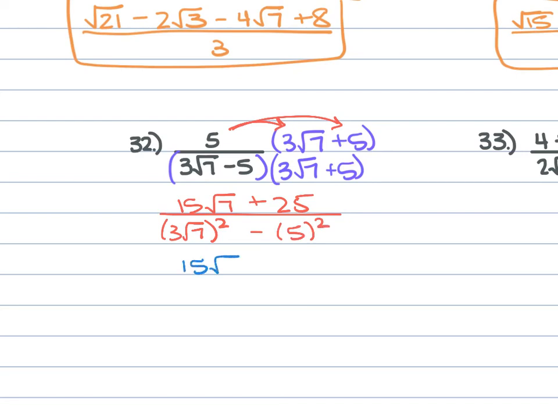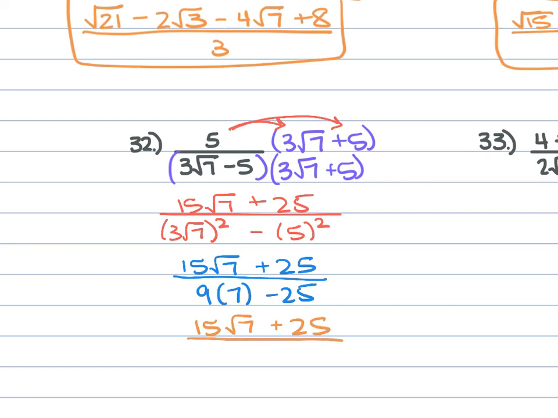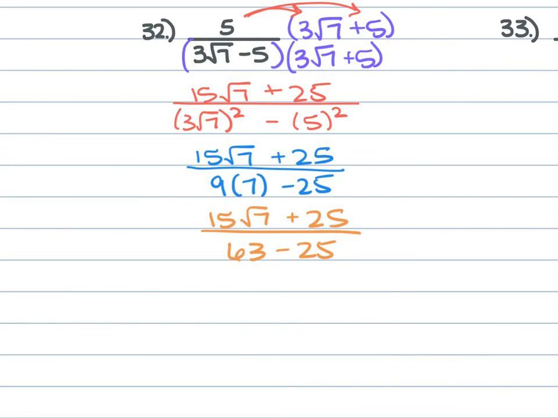So 15 square root 7 plus 25 all over 3 times 3 is 9 times 7 minus 25. So 15 square root 7 plus 25 all over 63 minus 25. So this is leaving us with a final answer of 15 square root 7 plus 25 all over 38.